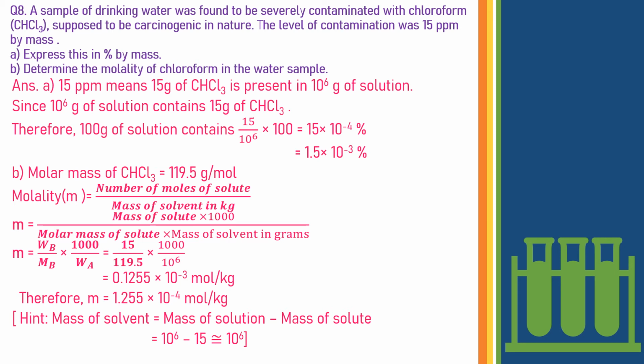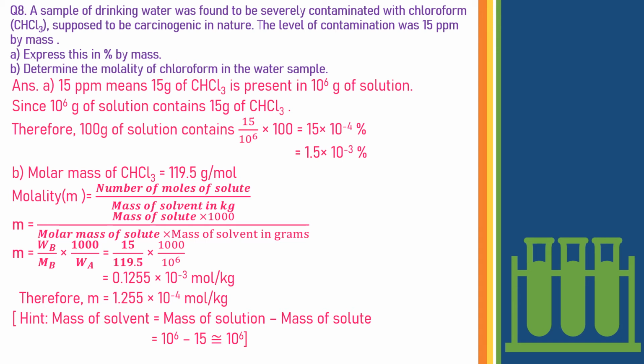So first one, what has been given to you, students? 15 ppm by mass. That means 15 gram of chloroform is present in 10 to the power 6 gram of solution, because ppm we have discussed means parts per million, so 10 to the power 6.